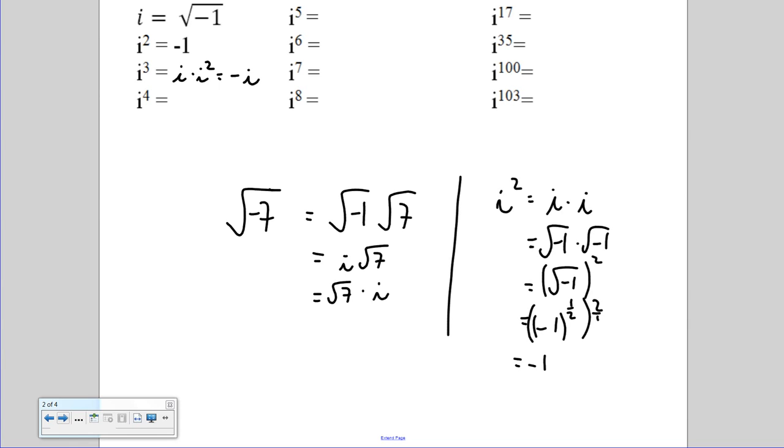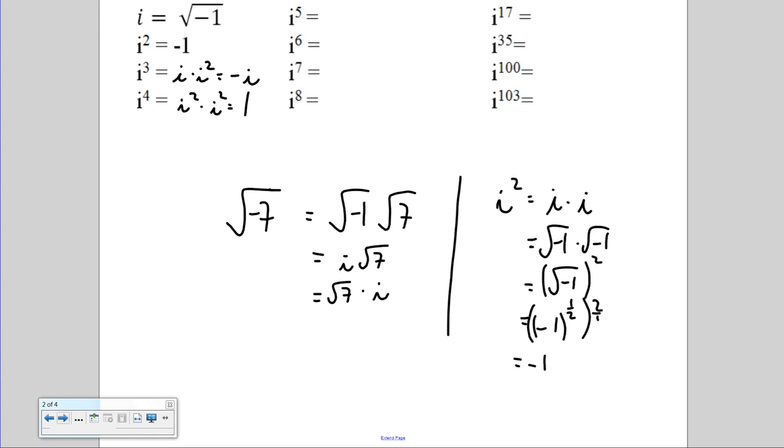We're just going to leave it in terms of i. i to the 4th is the same thing as i squared times i squared, which is just 1, because it's -1 times -1, which is 1.